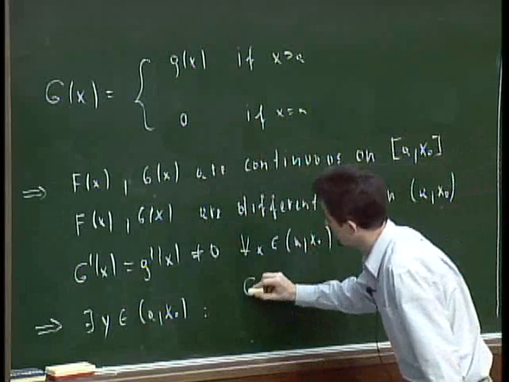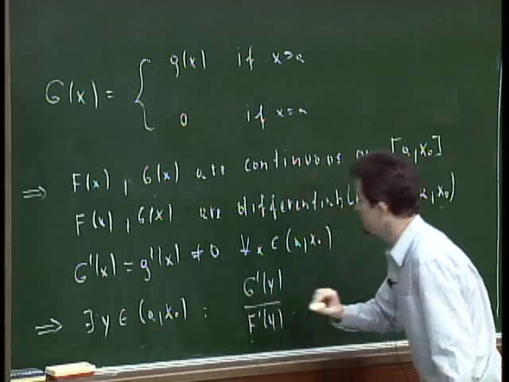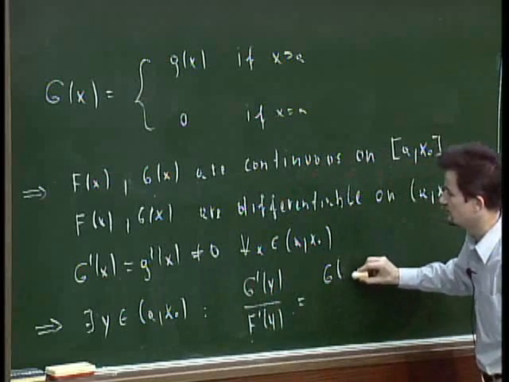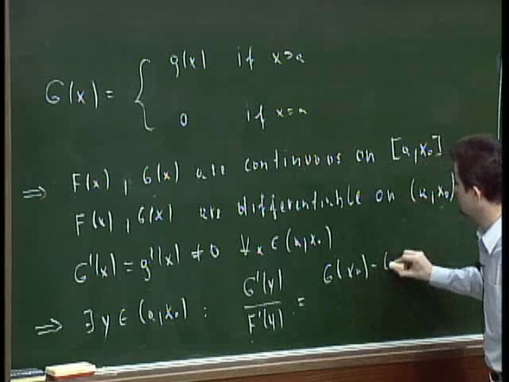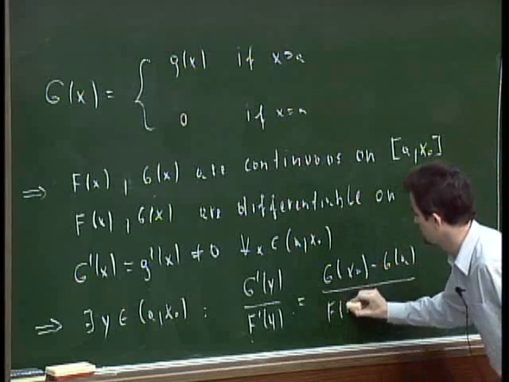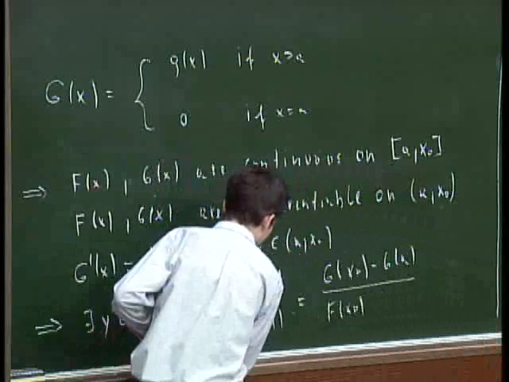the derivative of g of y over the derivative of f of y is equal to g of x0 minus g of a over f of x0. The other way around, sorry. G and f.